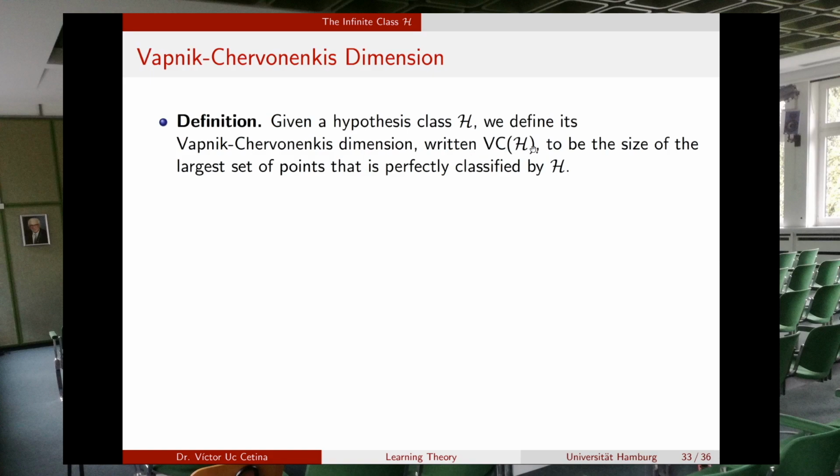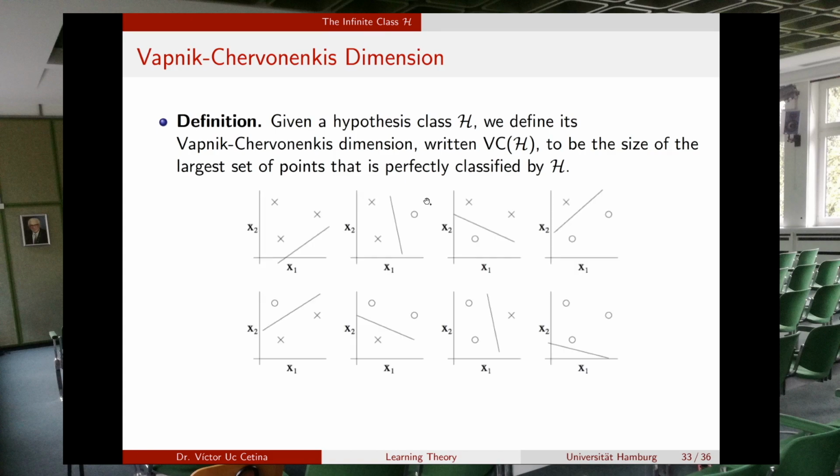It is written VC of H. And this VC dimension is the size of the largest set of points that is perfectly classified by this family of hypotheses. And in this case, we are considering that this class H has an infinite number of hypotheses.